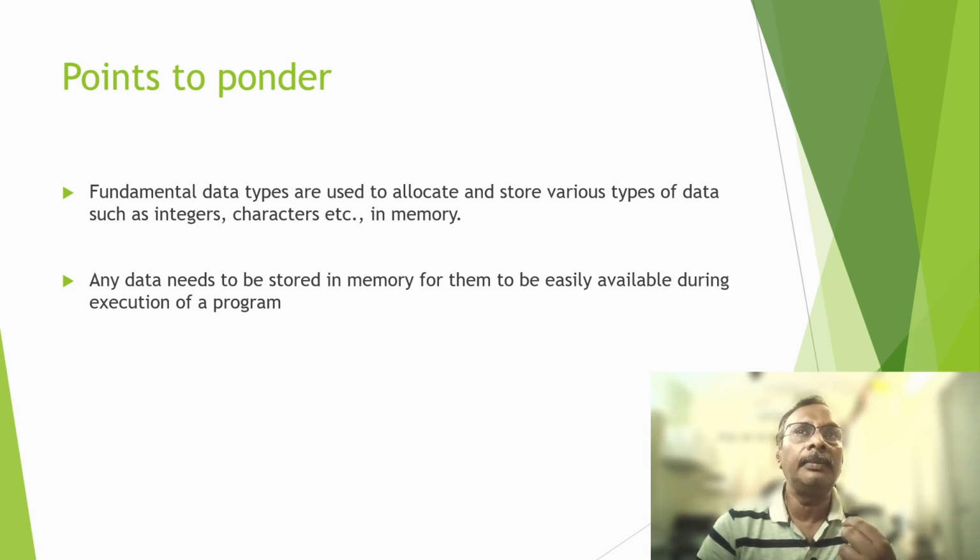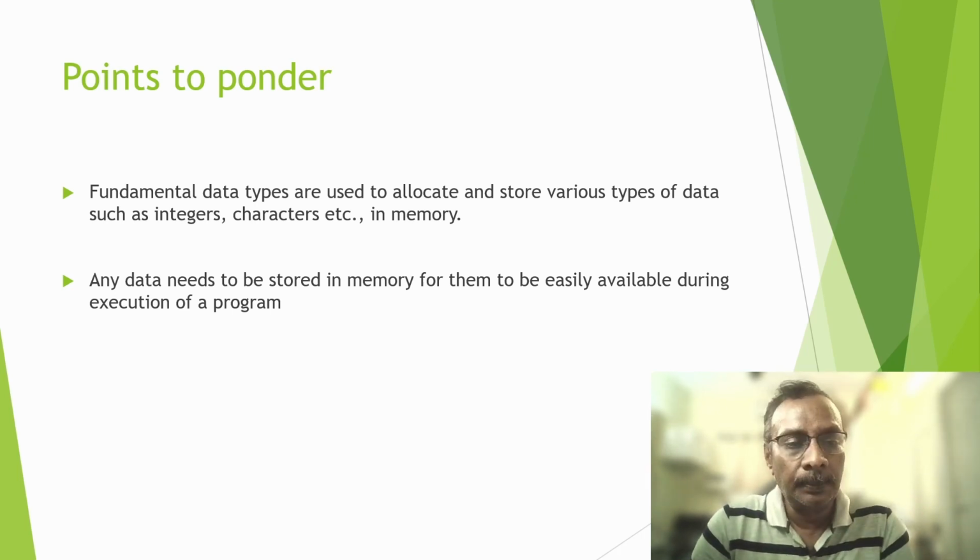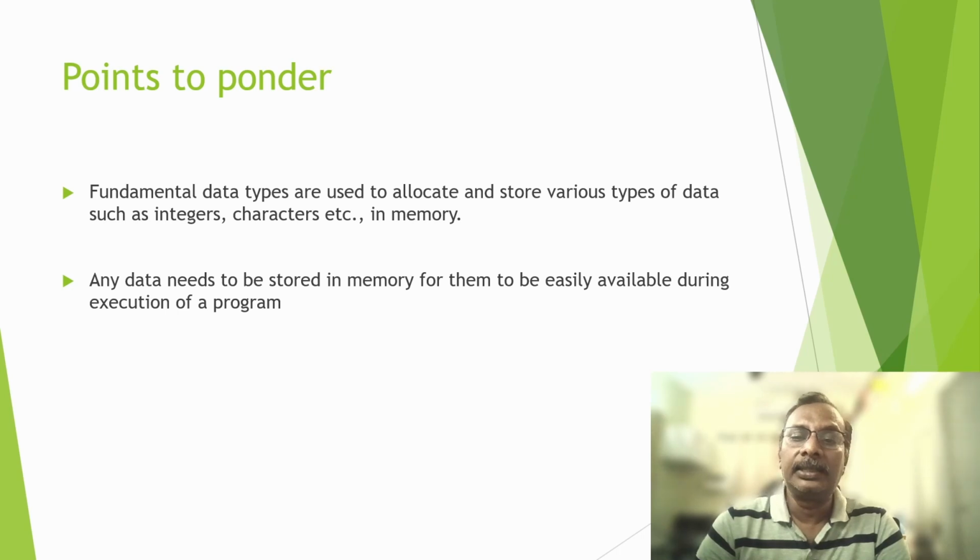If every time you want to read from a file in storage, it becomes a tedious process, right? So instead, we keep it in memory, in the temporary memory area, and then process. That is where memory allocation comes into the picture. I hope you understood this concept.